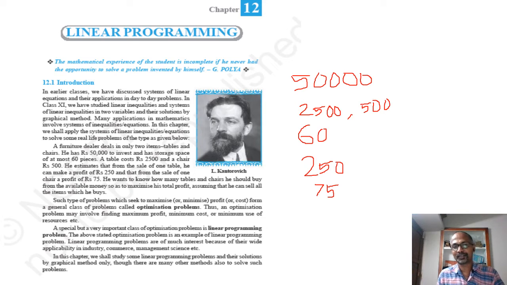This is the context. The question is how many tables and chairs he has to purchase so as to get the maximum profit.